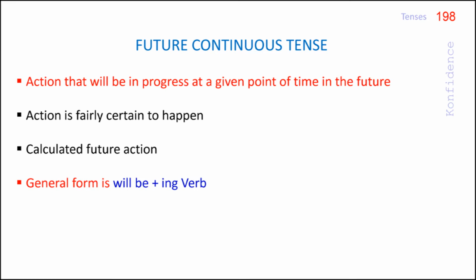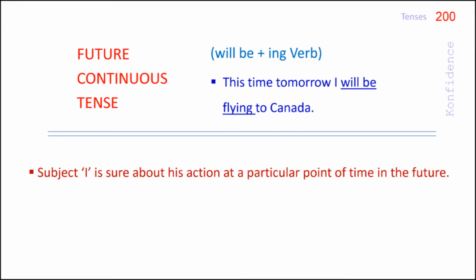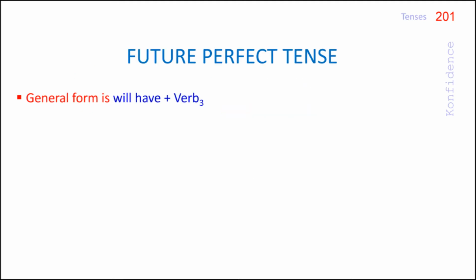It is formed by adding will be with the ing verb. Look at the examples in the slide. Here the subject I is sure about his action, that is flying, at a particular point of time in the future. This time is tomorrow.